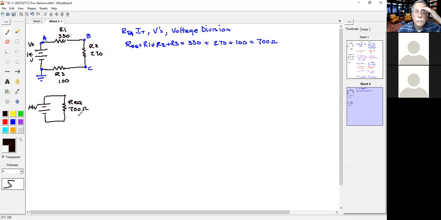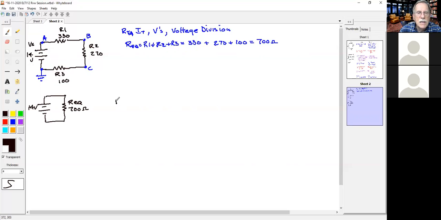All right. So now, and this came up on the quiz, if I look at this, I don't know the voltage across R1. I don't know the voltage across R2. I don't know the voltage across R3. I know that the 3 voltages add up to be 14, but I don't know what any one of the individuals are. Once I calculate my REQ, I have 1 resistance and 1 voltage.